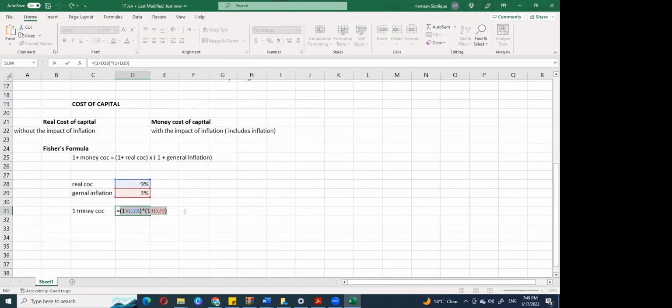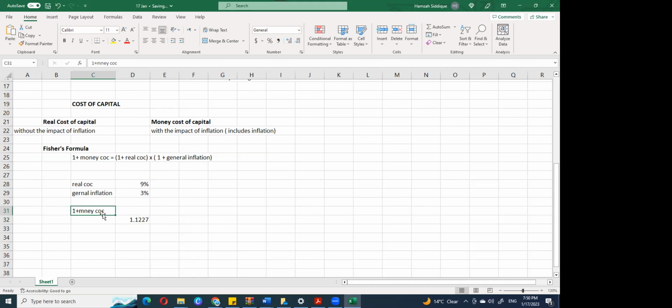So it is basically 1.09 into 1.03. Here is the answer, please. 1.09 into 1.03.